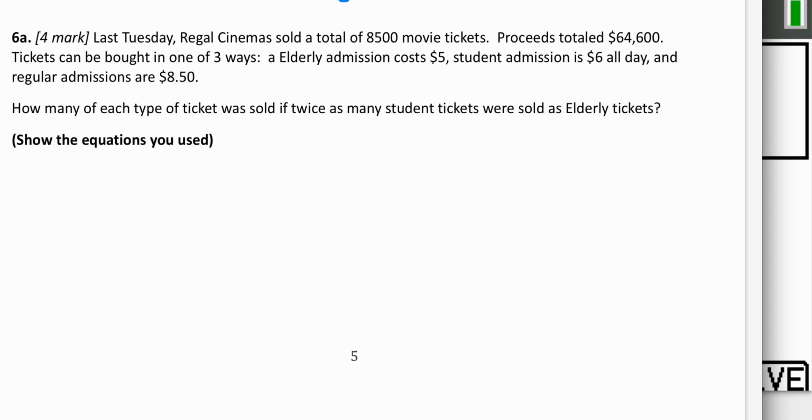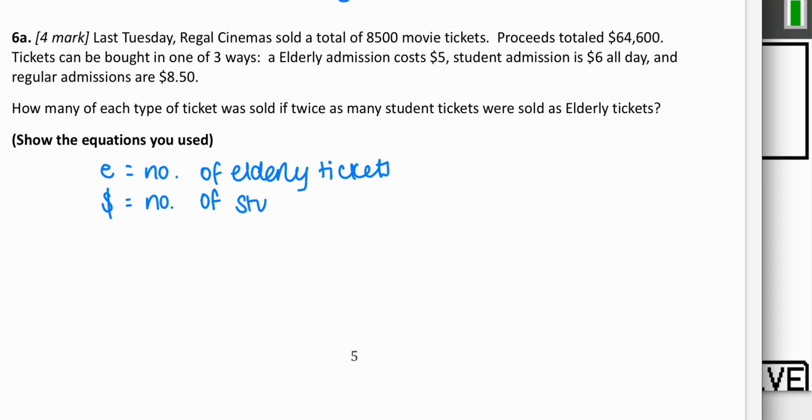I'm going to say, first of all, that E is the number of elderly tickets that are sold. S, and I'm going to put a line through it just so that I don't get it confused with a 5, is equal to the number of student tickets that are sold.